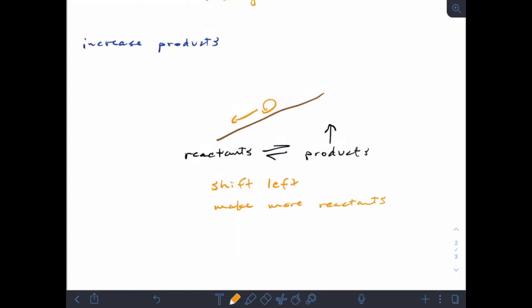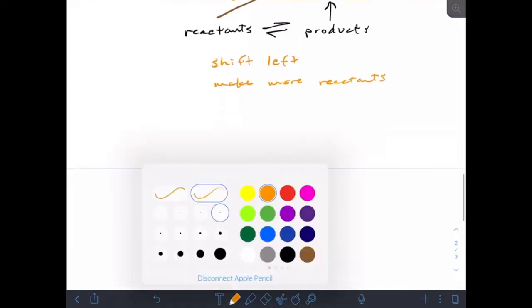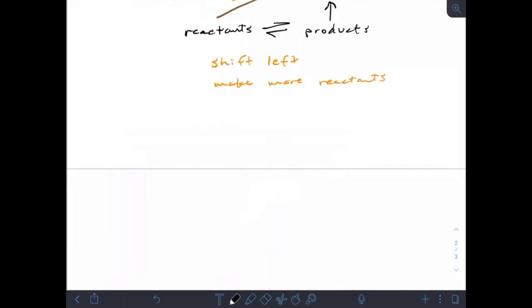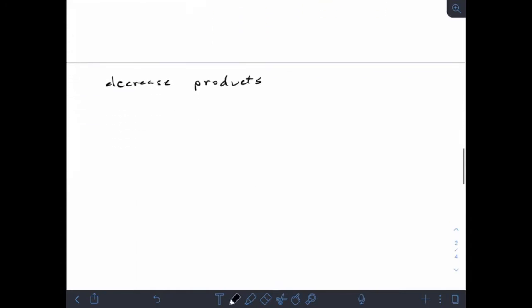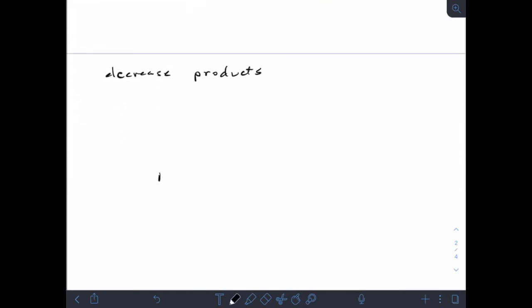All right, last scenario, let's say I decrease products. I'm going to pull down on the product side.